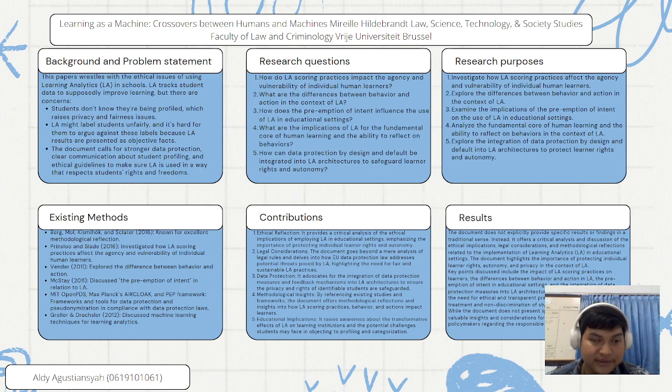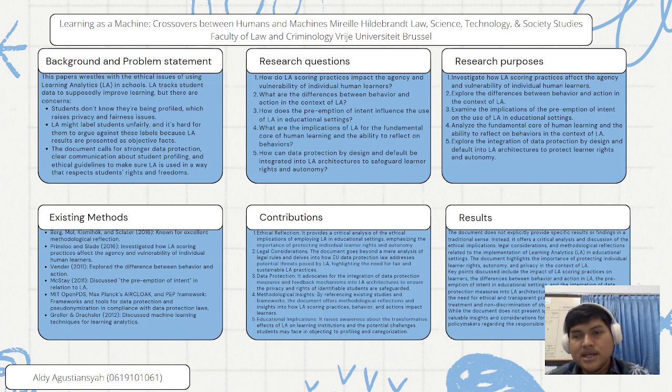Dreller and Dressler discussed machine learning technique for learning analytics. Contribution: ethical reflection, legal consideration, data protection, methodological insight, and educational implication.